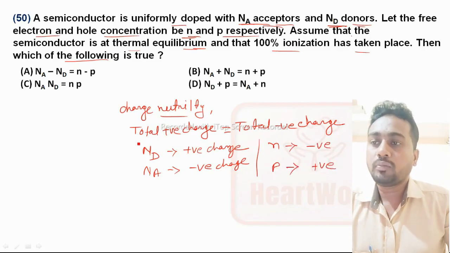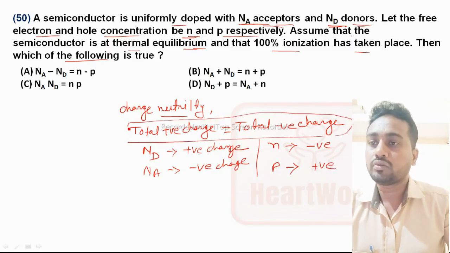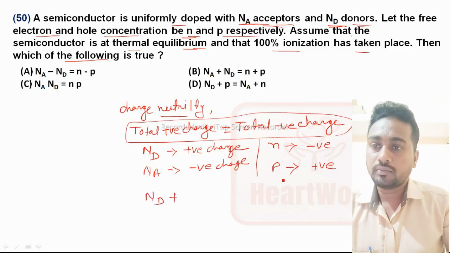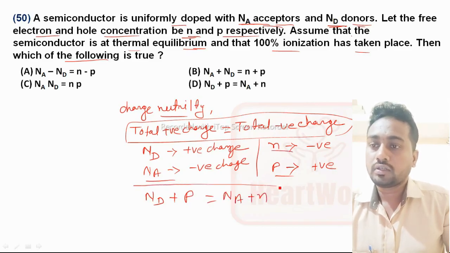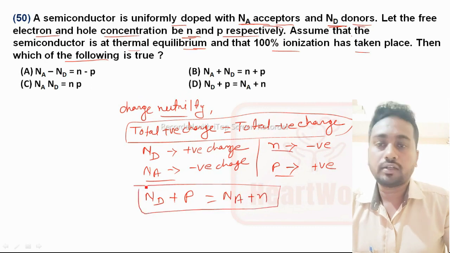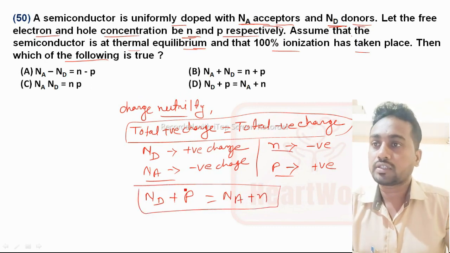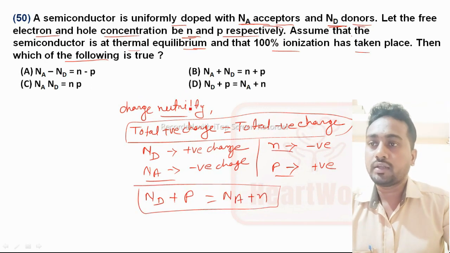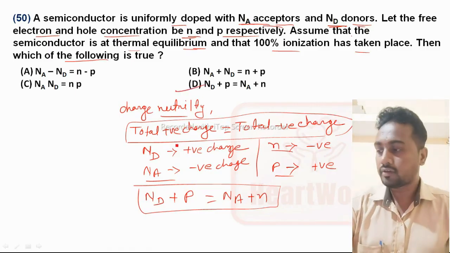So if we put this in the principle, total positive charge equals total negative charge. Positive things are Nd plus p. This is equal to total negative, which is Na plus n. So this is the charge neutrality for a semiconductor. The question is asking this only, so option D is the right answer.